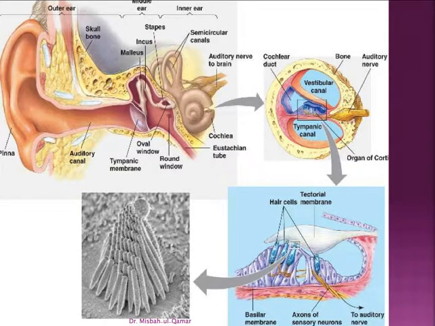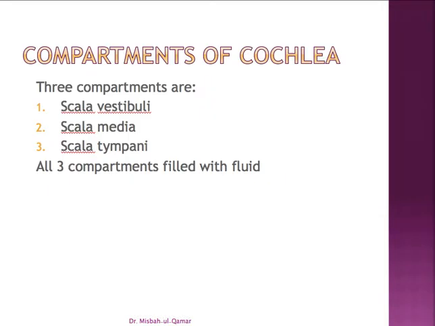So let's focus on these channels or cavities, or you can say the compartments. Right. So the cochlea has been divided into three compartments by two membranes. These compartments are called scala vestibuli, scala media, and scala tympani.